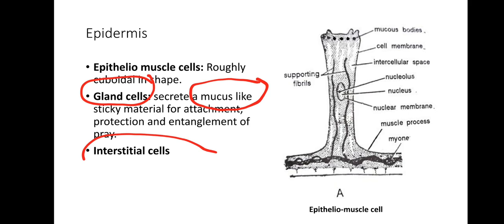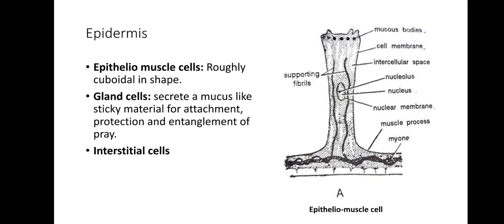The third type of cell you find is the interstitial cell. Now, these are called interstitial cells because they are present in between the other cells. In the epidermal area, there are these epitheliomuscle cells, okay, and there are also gland cells. At the base of these cells, there are some small undifferentiated cells present.